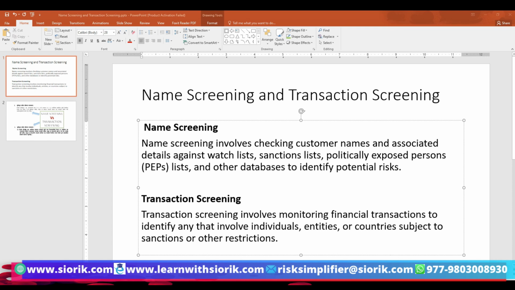And another purpose of name screening is to detect high risk customers such as PEPs or those linked to adverse media. And usually, name screening is done at the time of customer onboarding as a process of know your customer or customer due diligence.